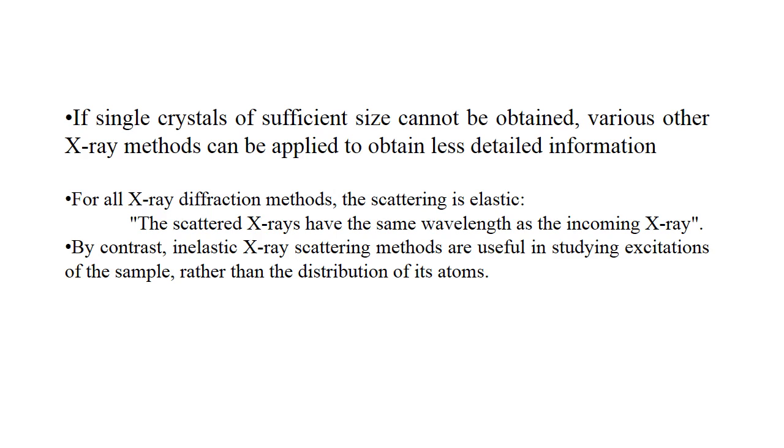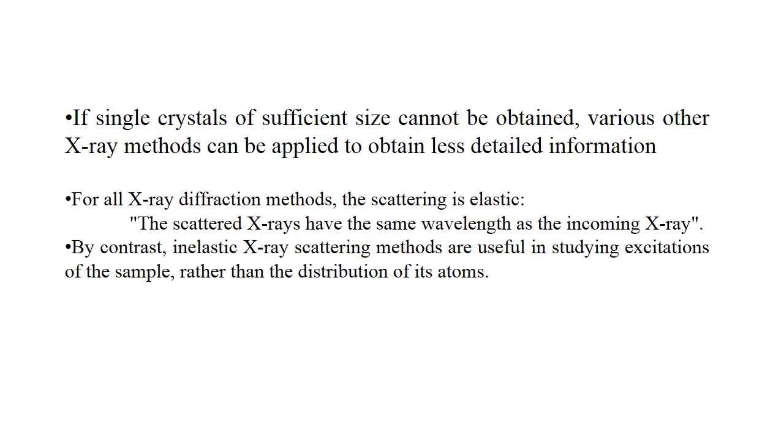It means that if we have crystals which are not large enough to be determined by the X-ray method, then we have to determine those very small crystals by different techniques, and those techniques may be fiber diffraction, powder diffraction, or small angle X-ray scattering.